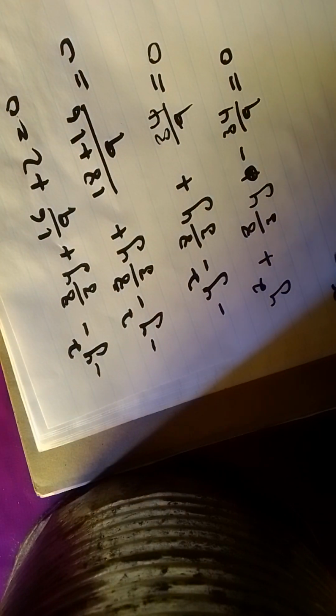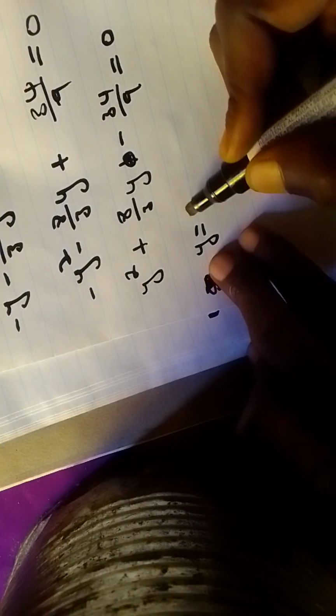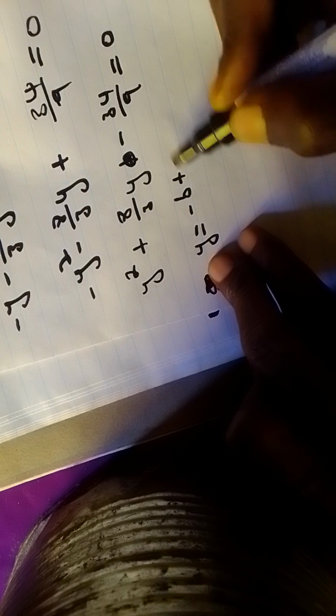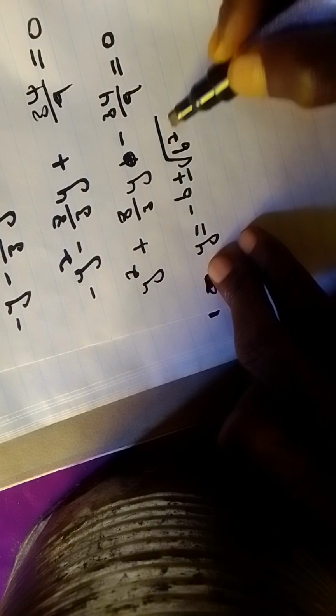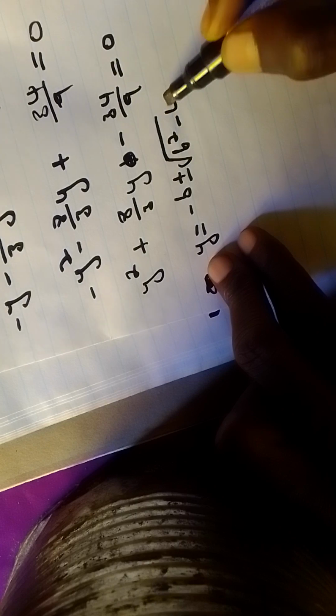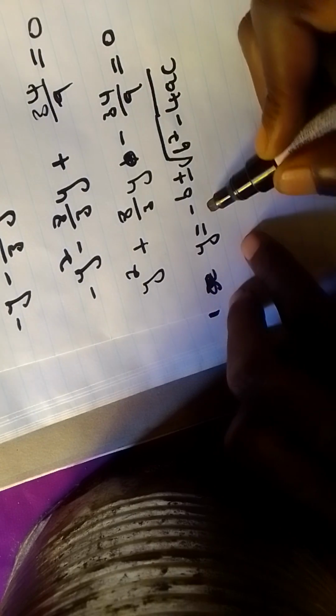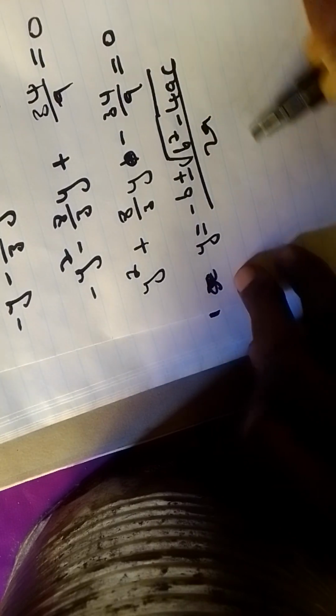Now we're going to use our quadratic formula. We're going to say y is equal to negative b plus or minus the root of b squared minus 4ac, divided by 2a.